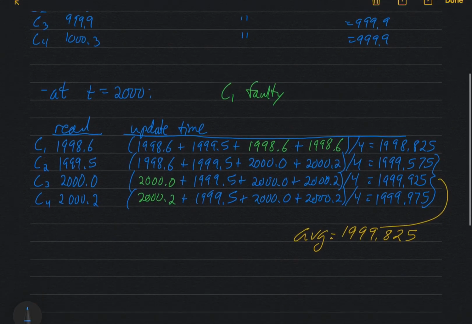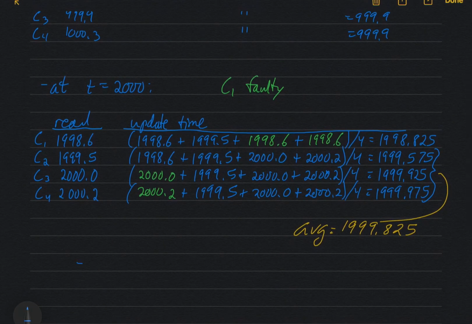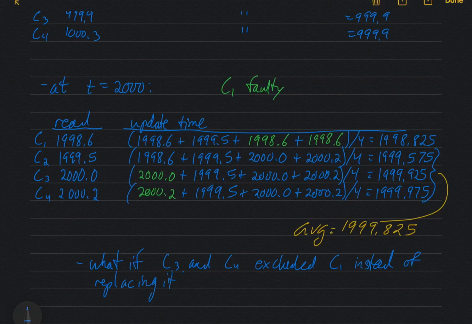Now, something I've been asked before is, what if C3 and C4 excluded C1 instead of replacing it?